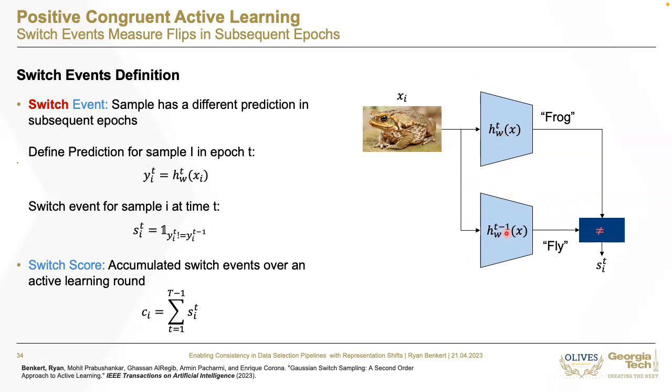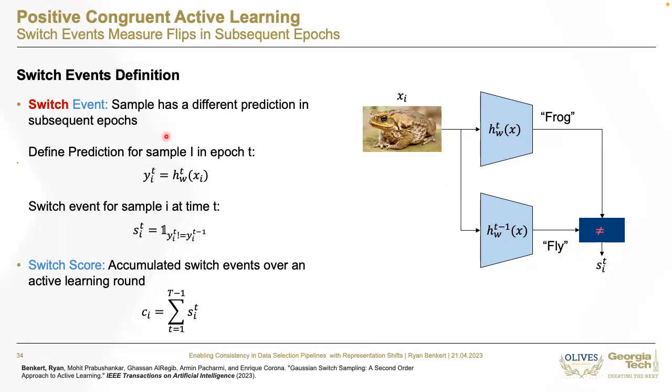If the prediction switches between the two models, we count that as a switch event. So, fairly straightforward. If you have this toad, for instance, the current network predicts a frog, and the previous network predicts a fly. That's a switch event.